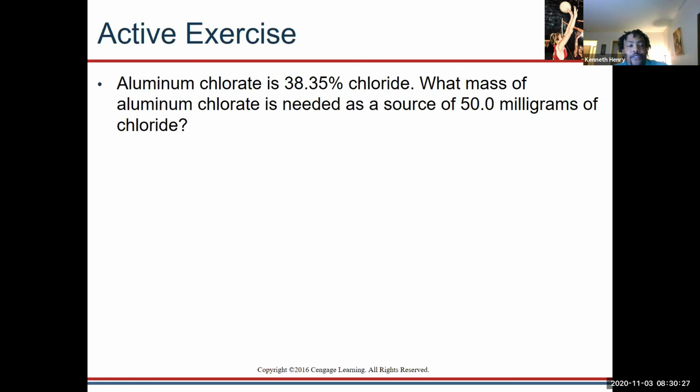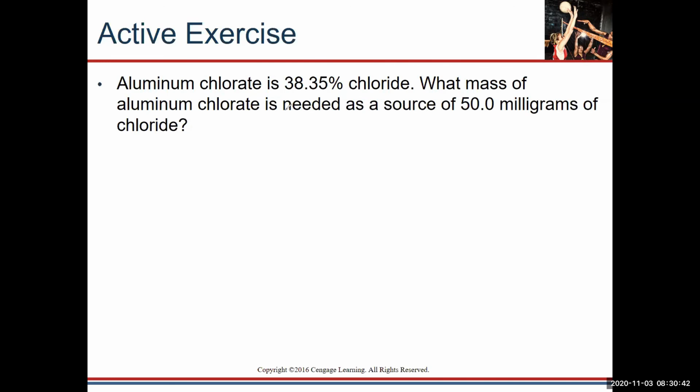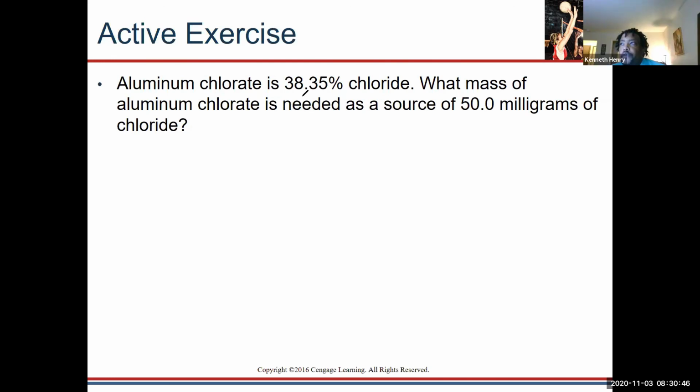Okay, so we know it's the part over the whole. So what is the part that we're looking at in this problem? 38.35. Wouldn't that be my percent mass? Would that be the part?